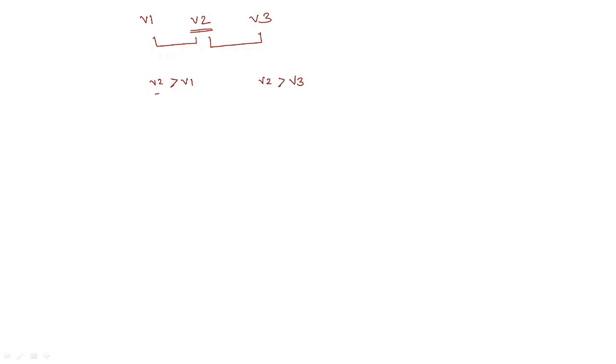Now in these two comparisons, if both the results are true, then the final result is true, that is, v2 is greatest. So to conclude this final result, we need to combine these two comparison results.